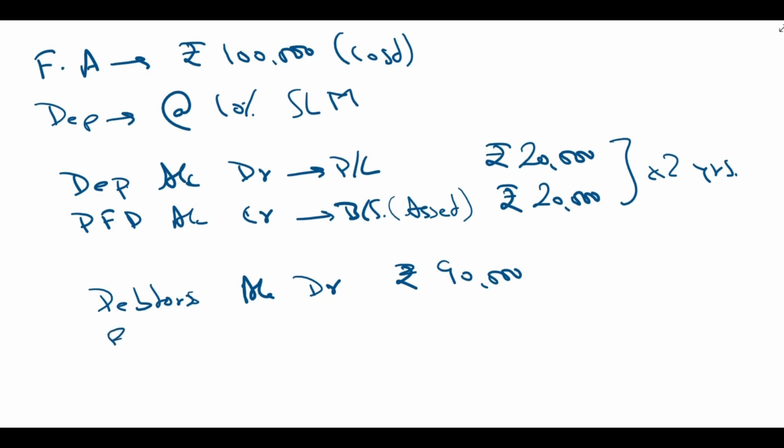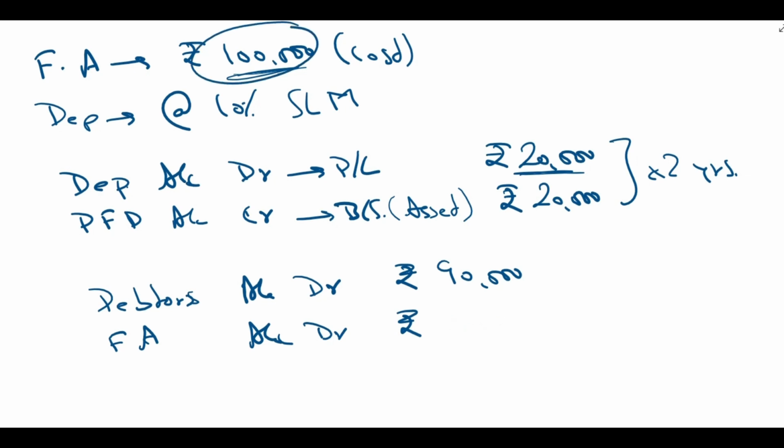Then we will write off the machine, the fixed assets. Excuse me for my handwriting. Fixed assets account will get credited by how much was the closing balance? Whatever it is recorded at, 100.